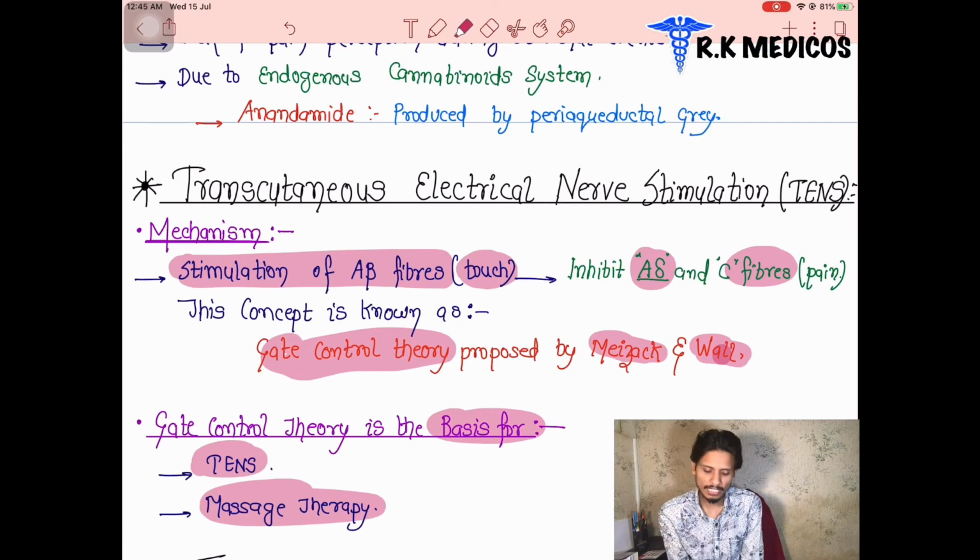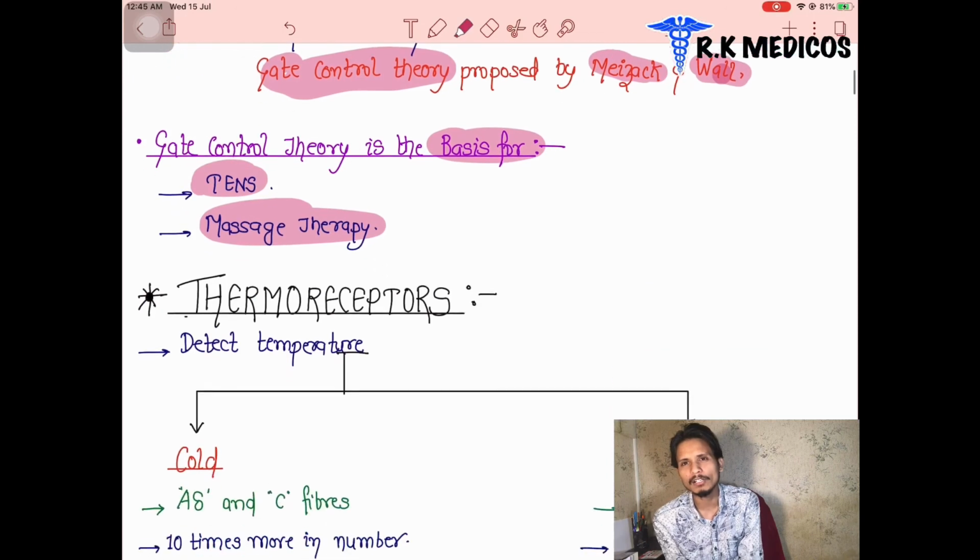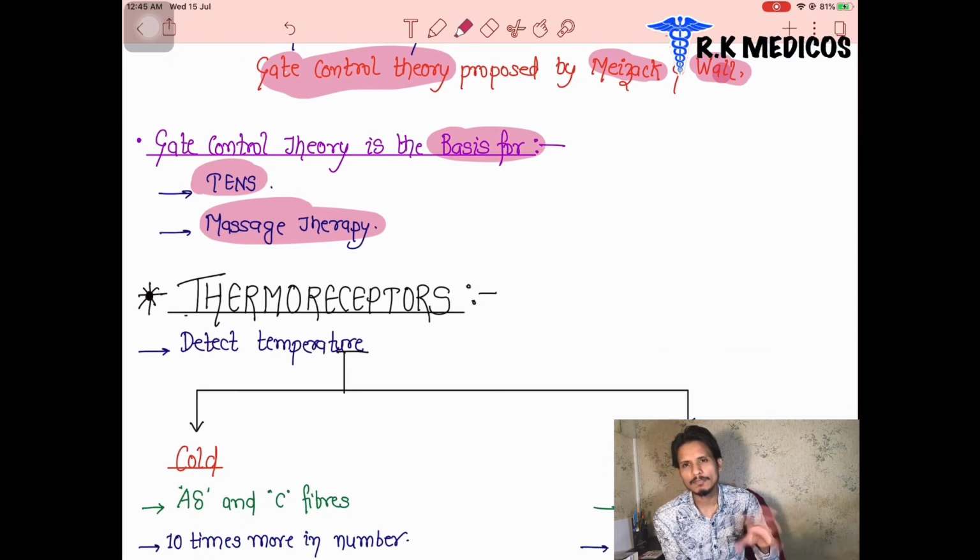So these are the two techniques controlled by the gate control theory. Basically there is a transmission of impulses through it. When the patient gets massage, they feel relief, and the main mechanism behind it depends on the gate control theory. We discuss it in the next topic, but for now we have to memorize it.